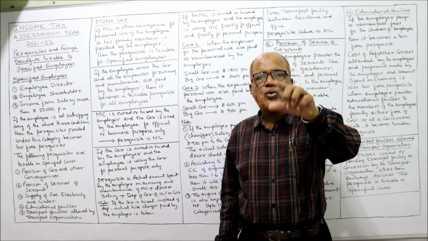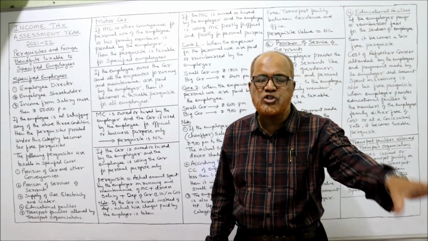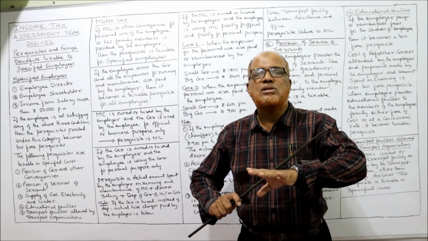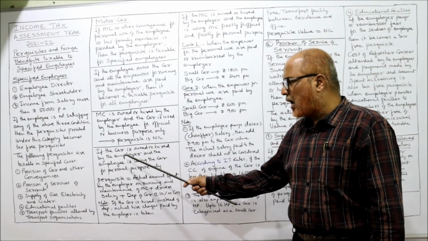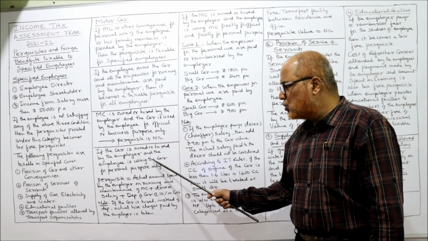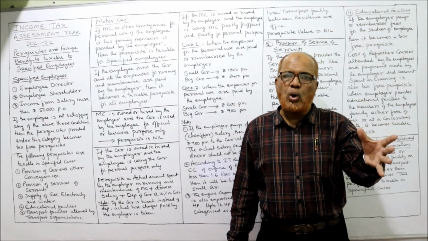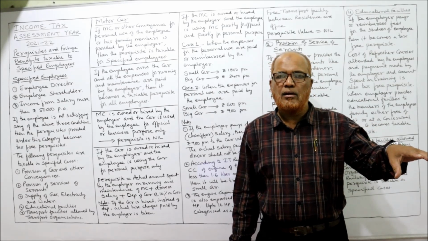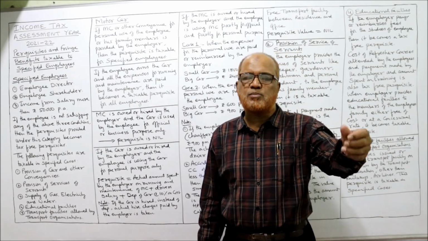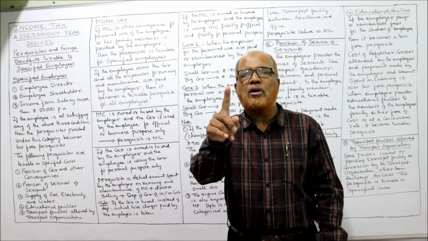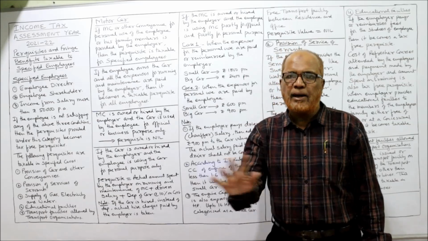So, if the motor car is owned or hired by the employer and the motor car is used only for official purpose, the value of the perquisite is nil, no perquisite. If the motor car is owned or hired by the employer and the employee is using the car for personal purpose only. Now see here, motor car is owned or hired by the employer, and all expenses of running and maintenance are paid by the employer, but the motor car is used exclusively for personal use, completely personal use.